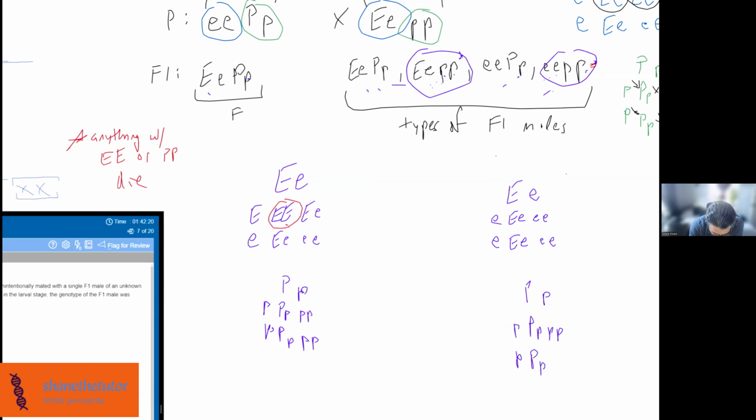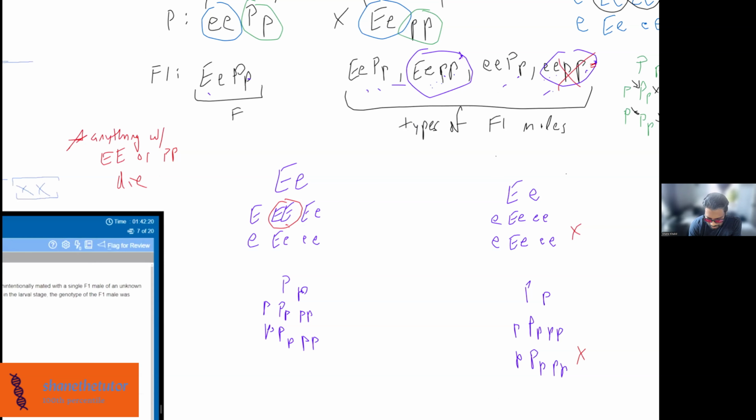Now, what are we looking for? We're looking for either big P, which we don't have here, or big E, which we don't have here either. So this cannot be the identity of the F1 male.